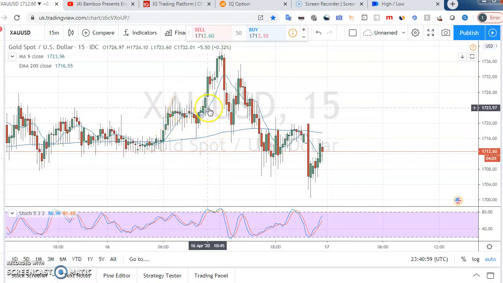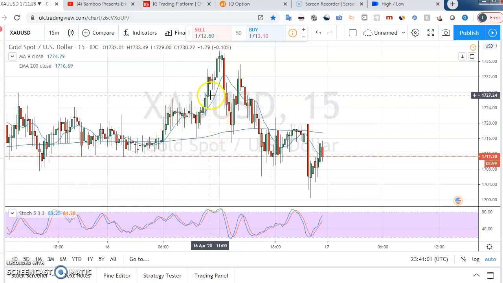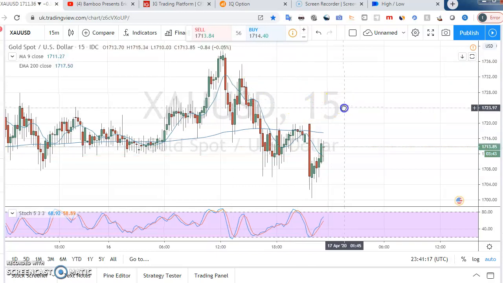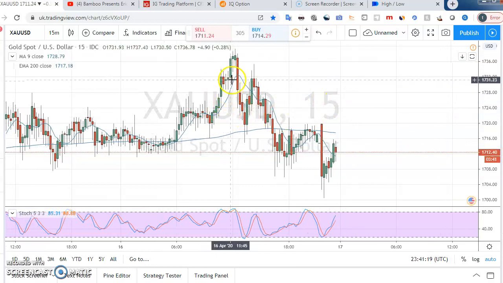By the time you wait, you will observe that at the very top, it's selling off, selling off, selling off. By the time it's selling off, it's reaching a peak.